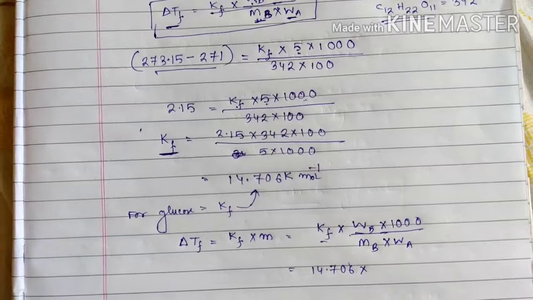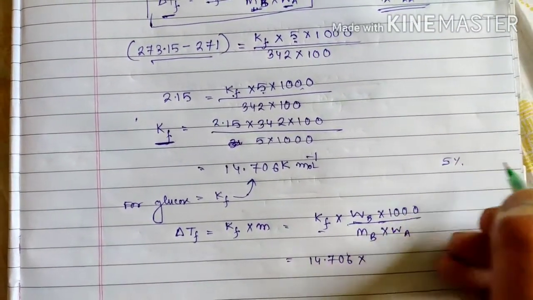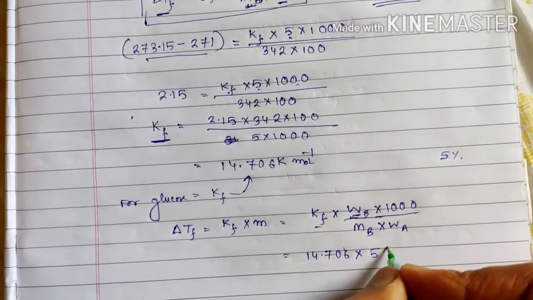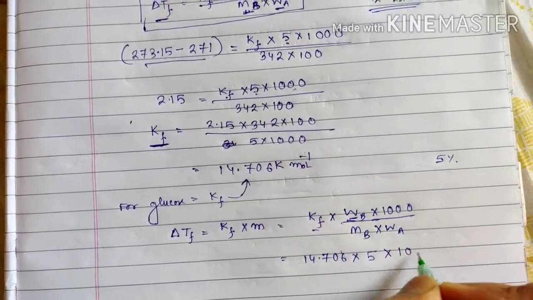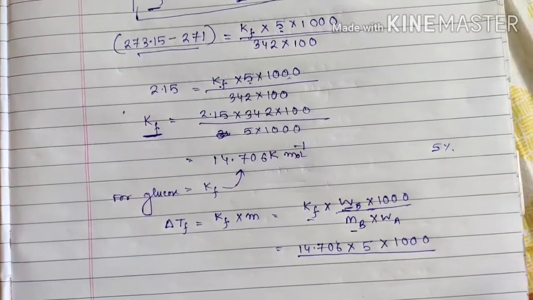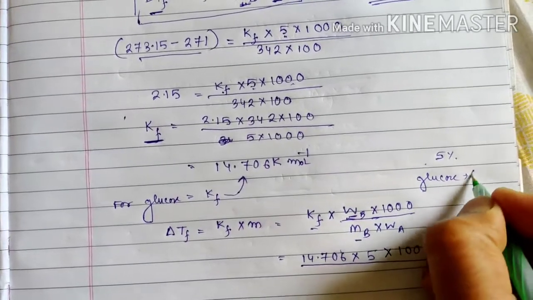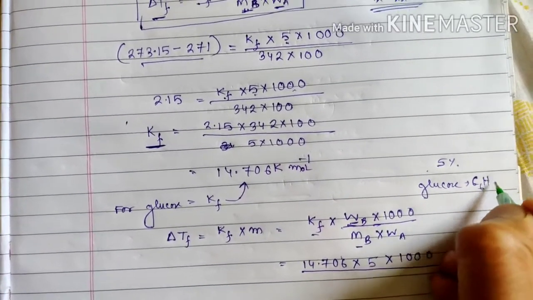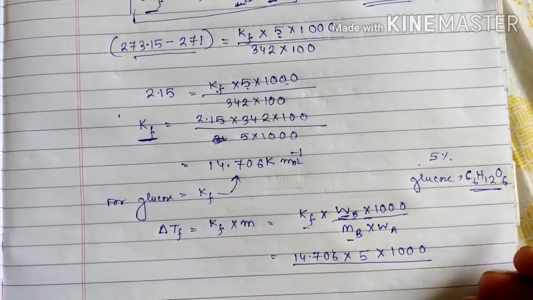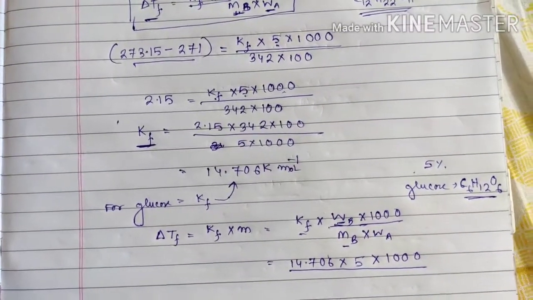Wb: the glucose solution is also a 5% solution, so it should also be 5 into 1000 divided by Mb, the molar mass of the solute. Here we are talking about glucose, which is C6H12O6. As we know, if you calculate this, it comes out to be 180.